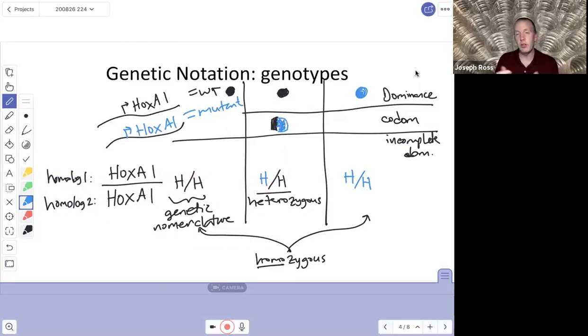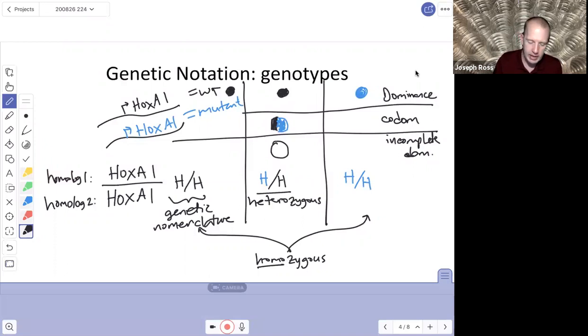The other possibility here, other than simple dominance and recessiveness, and codominance, is incomplete dominance. And that would be a situation where, although I'm not very good at colors because I'm colorblind, I'm not going to try, the heterozygote is a blend of the two parents' traits. So for example, what's a blend of black and blue?